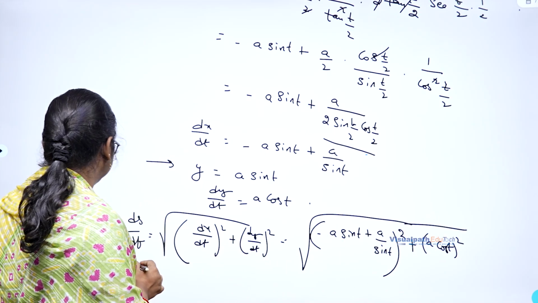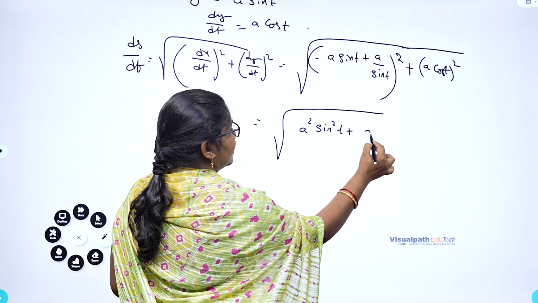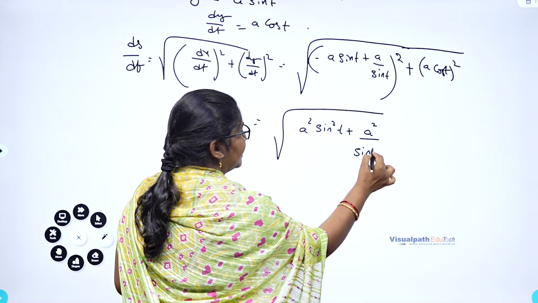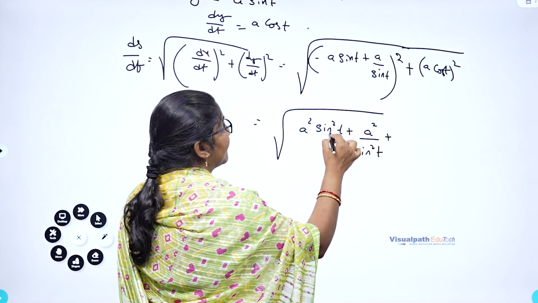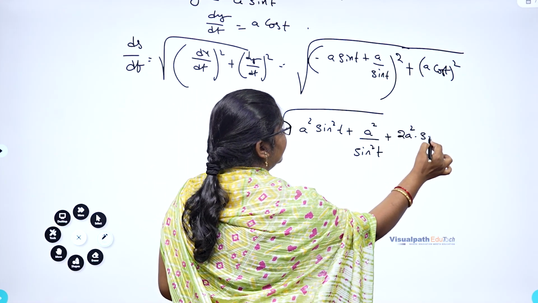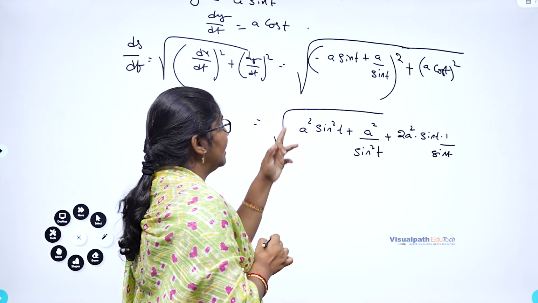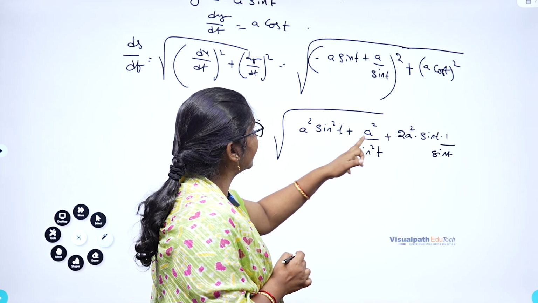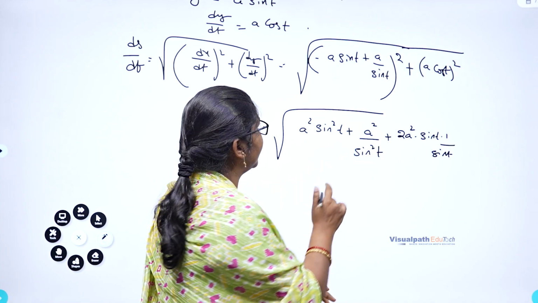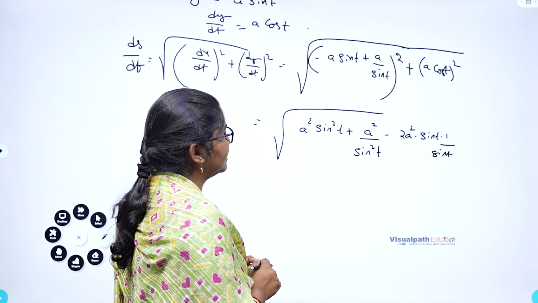Simplification should be done. a² sin² t plus a²/sin² t plus 2a² sin t times 1 by sin t. Why? Because (a + b)² = a² + b² + 2ab, here with the cross term 2 times minus a sin t times a by sin t.